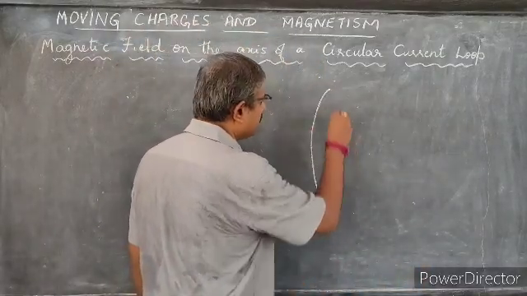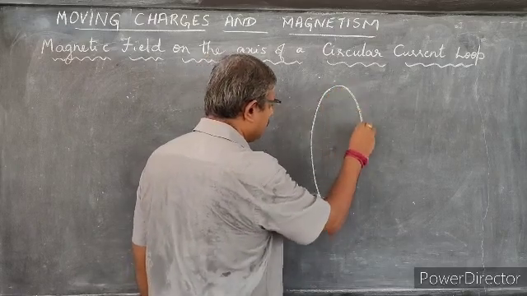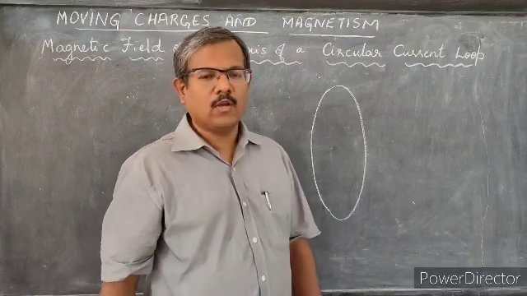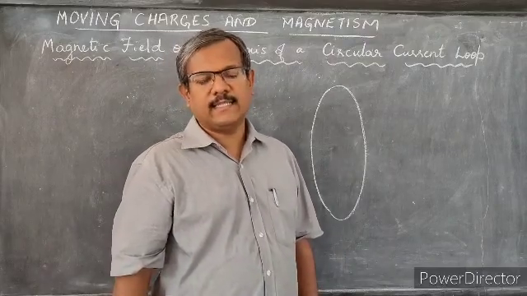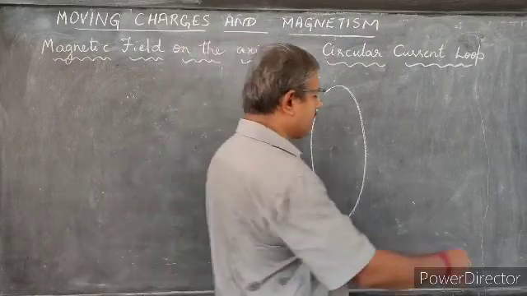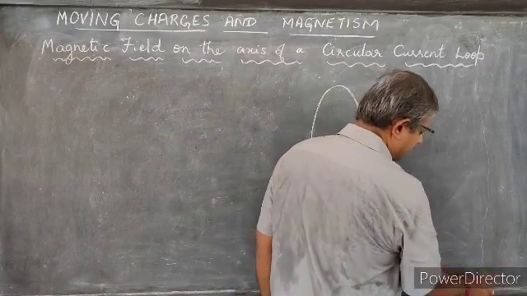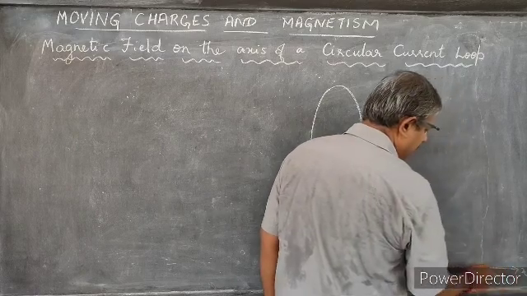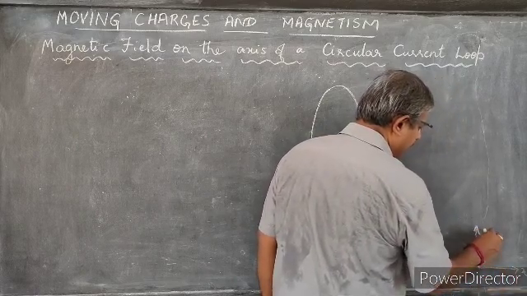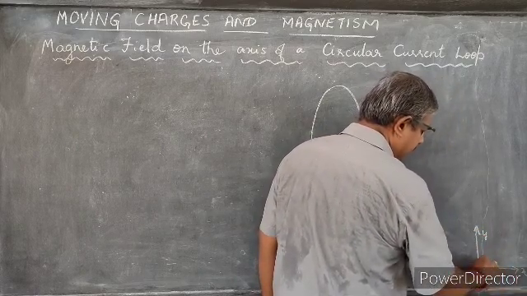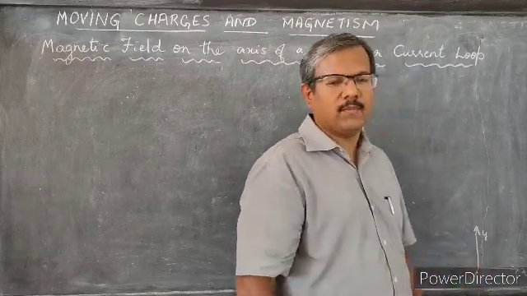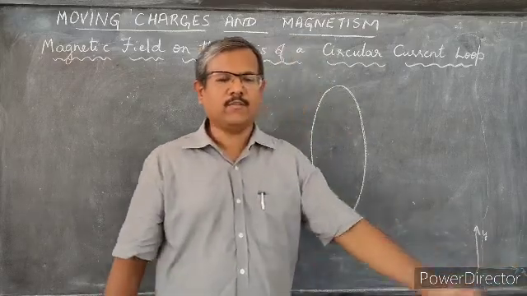So let's assume a circular loop which is in the YZ plane. If I consider my three axes, this is my X, this is my Y, and Z is the axis that is coming out of the plane of the board.